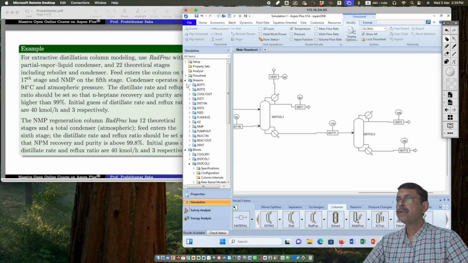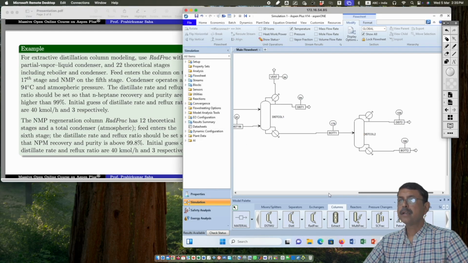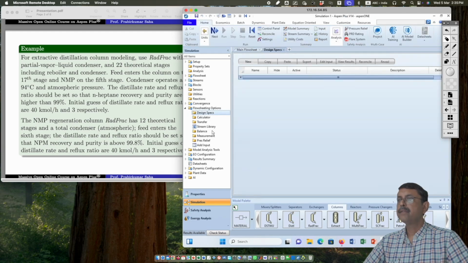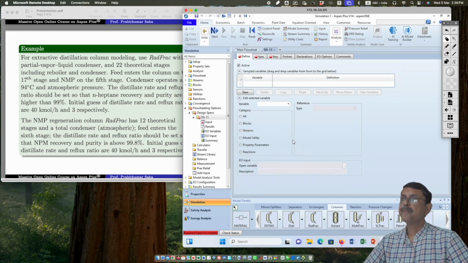Yeah, so results are available, but our job is not complete because we have to perform this design spec. Now let us check. We will take the flowsheeting options. Here design spec is there. So first design spec, let us write DS11.